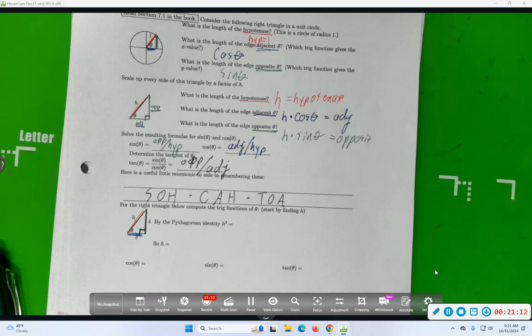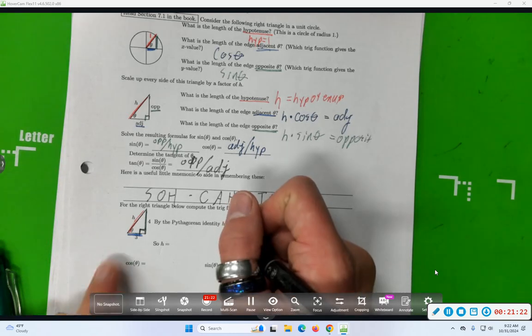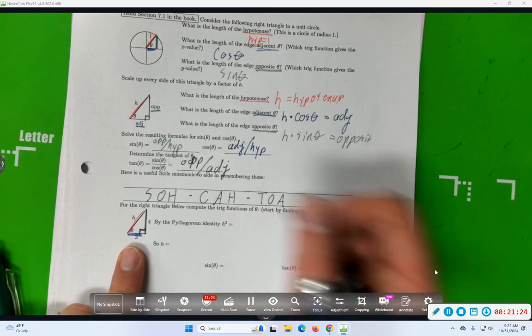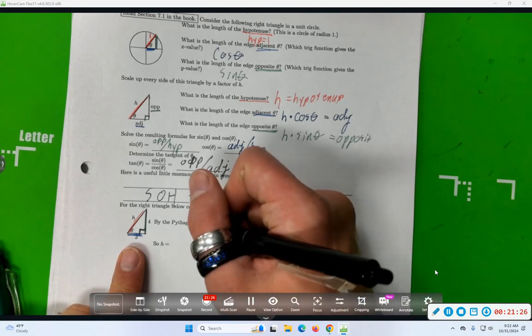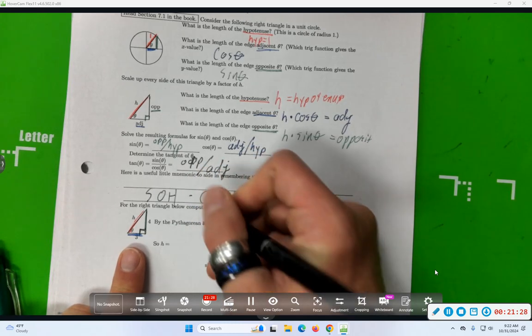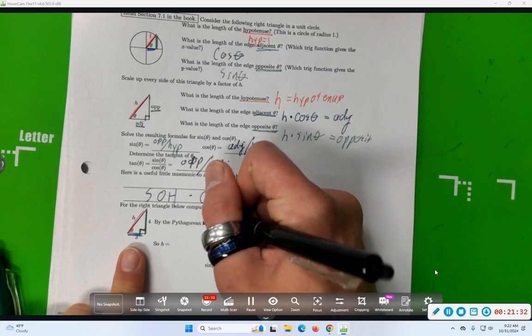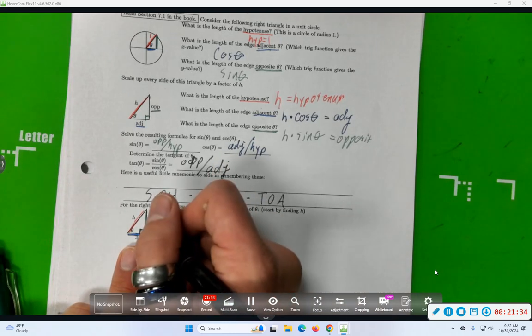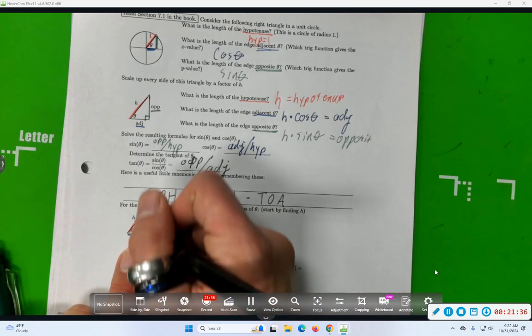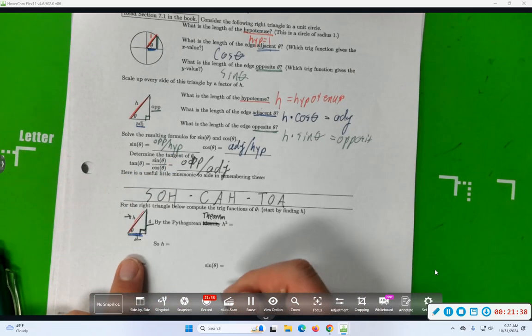So I think the place to begin is to work out the hypotenuse. It's not the only place to begin. By the Pythagorean theorem, this length squared plus that length squared is equal to the hypotenuse squared.